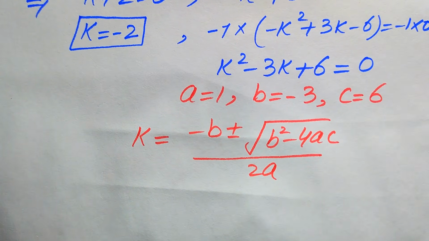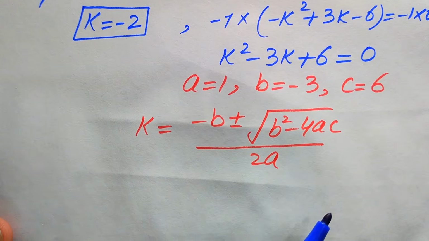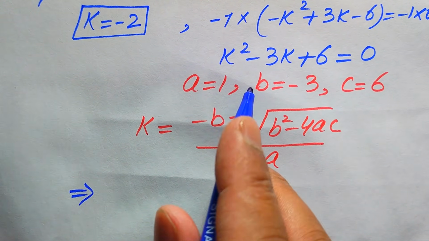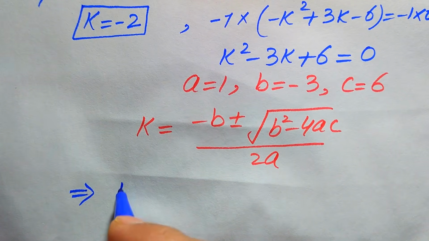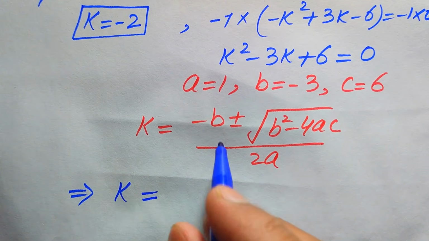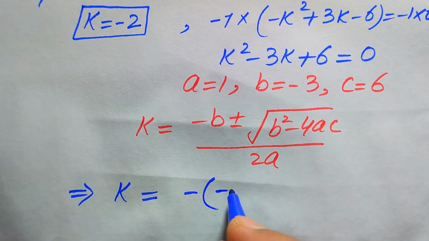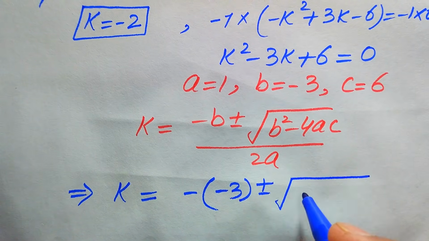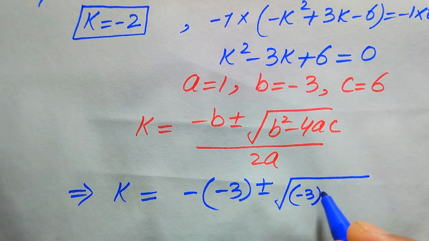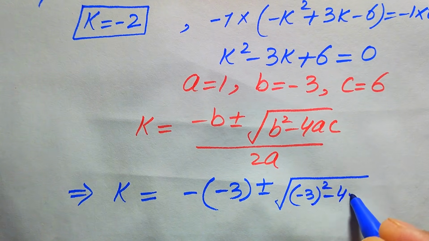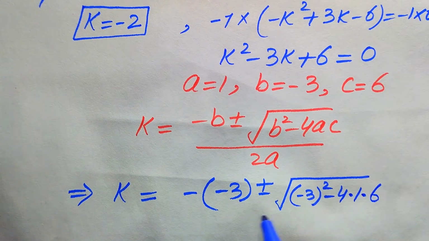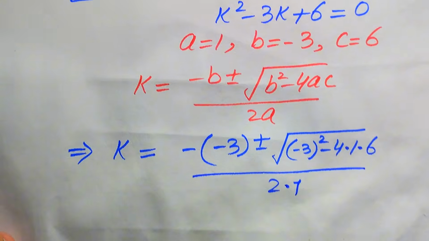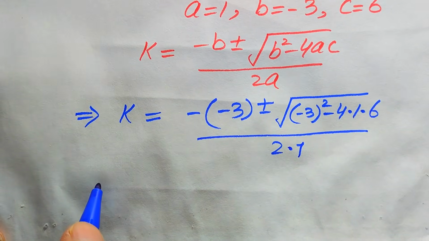This is our quadratic formula, and here we substitute all the values of a, b, and c. After substituting these values, we have k equals minus b, the value of b is minus 3, plus minus square root of b square, minus 3 square, minus 4 times a which is 1 and c which is 6, divided by 2 times a, and here our a is equal to 1.